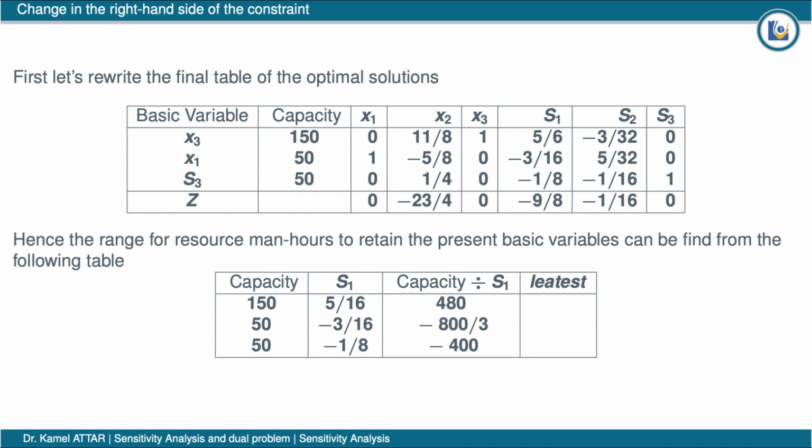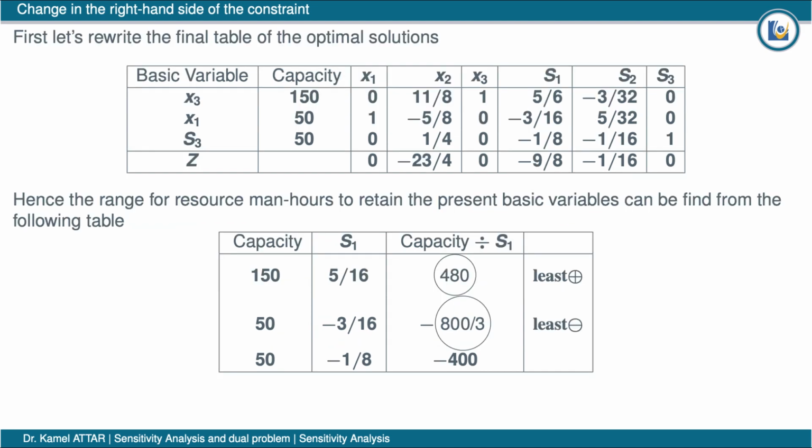The final column is to indicate the positive and the negative least ratio. Hence, in this problem, the least positive ratio corresponds to positive 480, and the least negative ratio corresponds to negative 800 over 3.